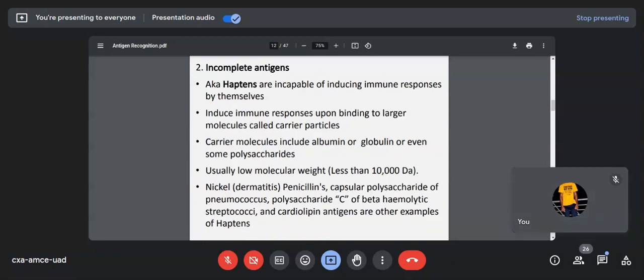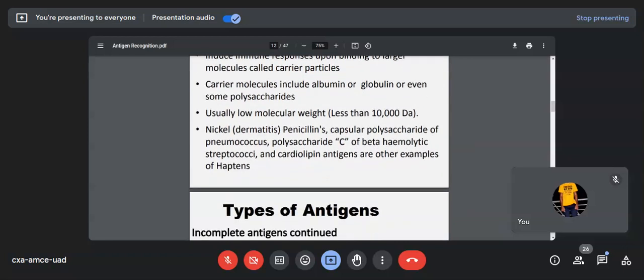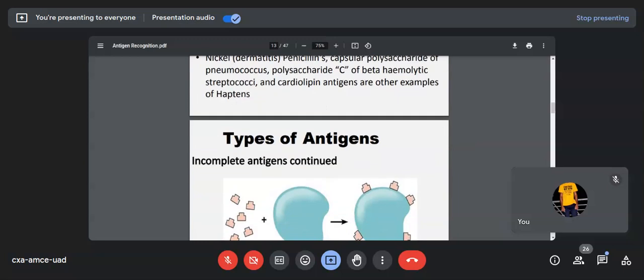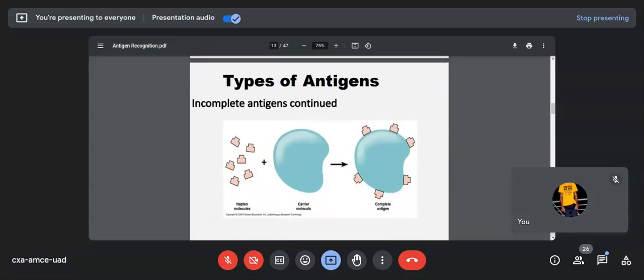So if it's less than 10,000, then it's a partial antigen or an incomplete antigen, in short. So you discover that all molecules with a molecular weight less than 10,000 Daltons are regarded as what? As incomplete antigens, or in other words, haptens.